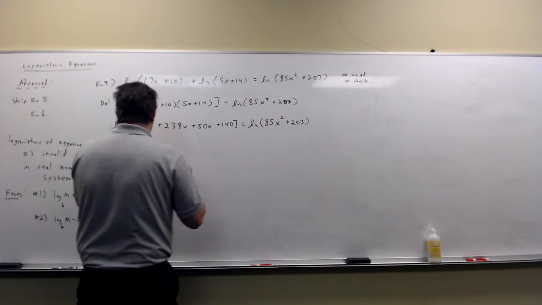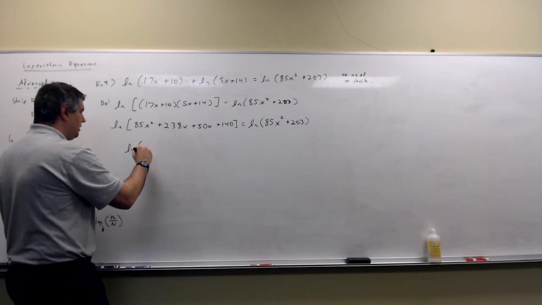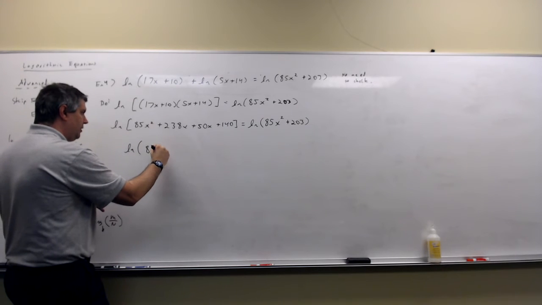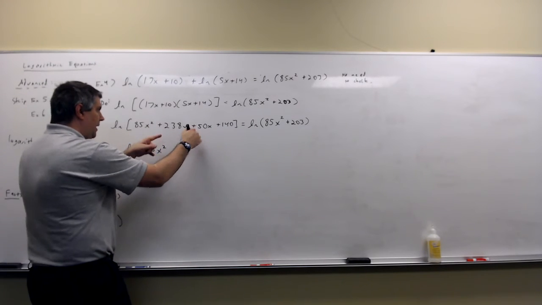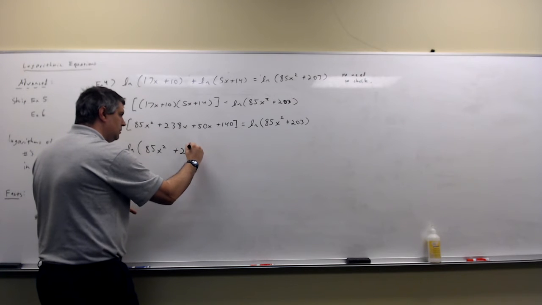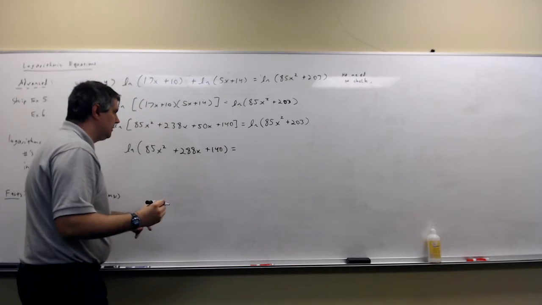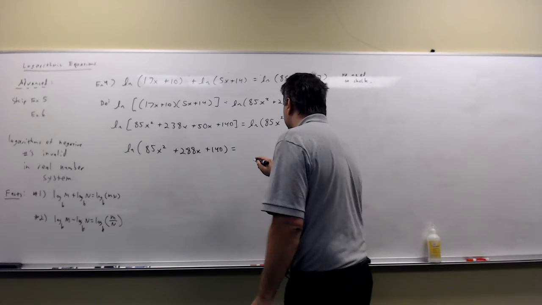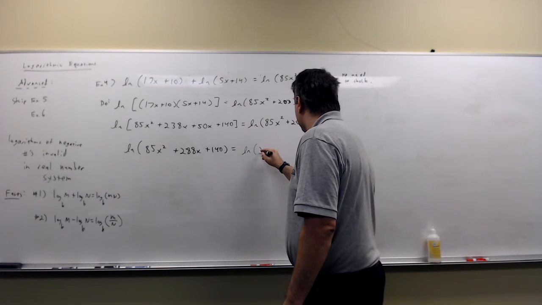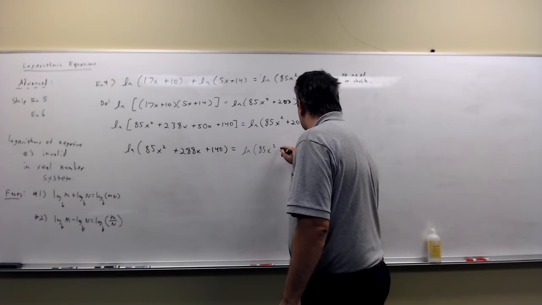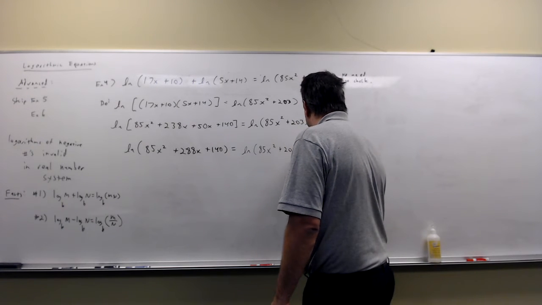I'll finish this multiplication: 85x squared plus 288x plus 140 equals the natural log of 85x squared plus 203.